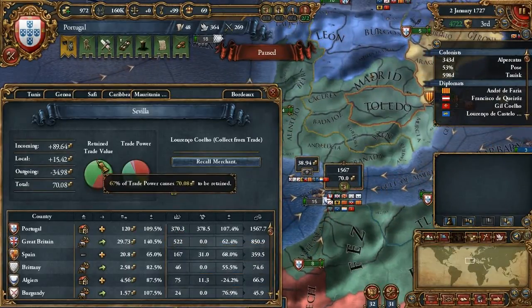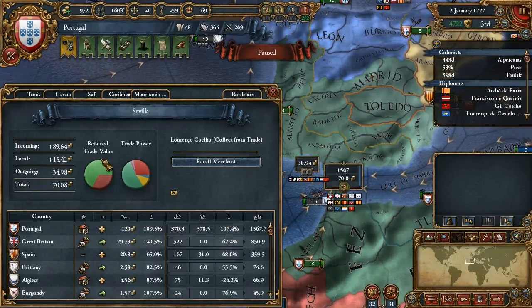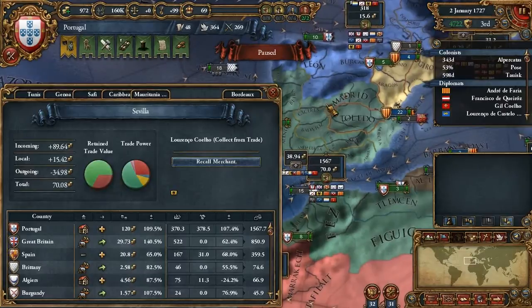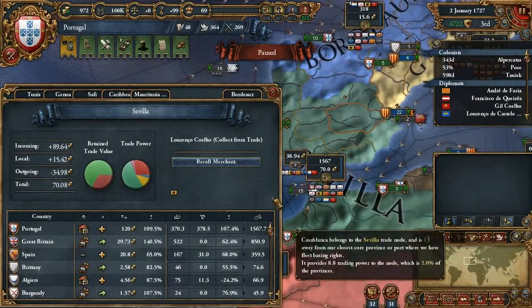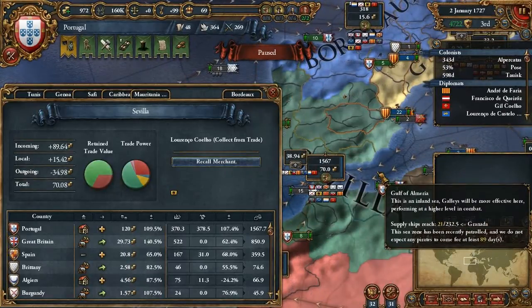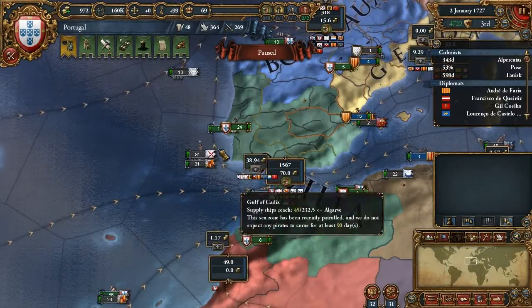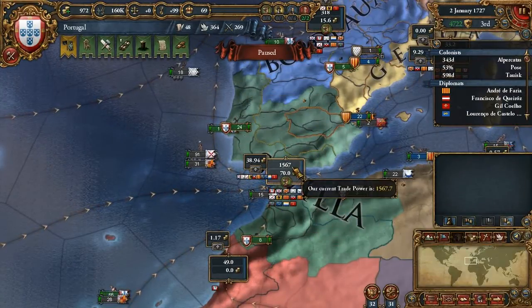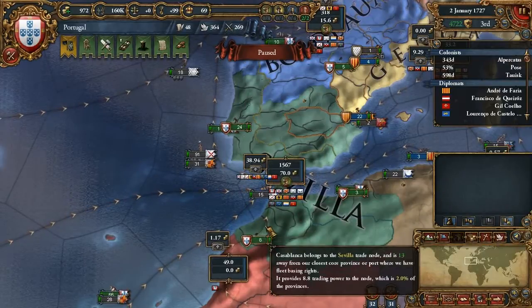So trade value is the amount of money within a trade node, and it's made out of the colored in local provinces. All these provinces, I'm in trade view, all the provinces that are colored in one color, all the trade power is gathered here.